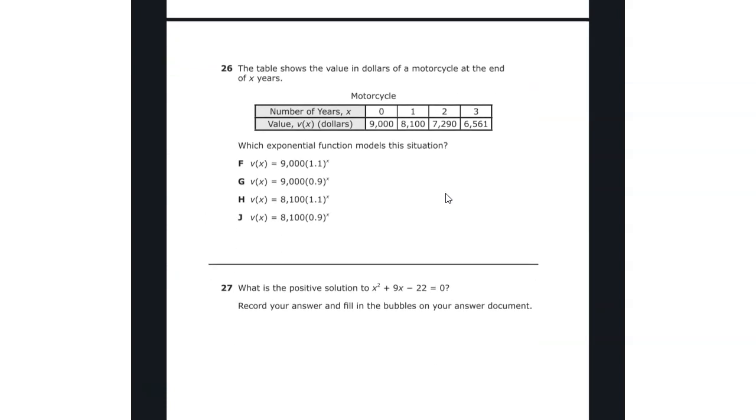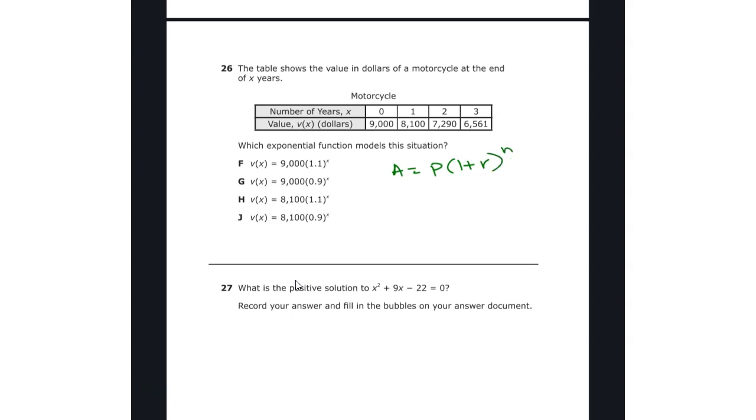So the table shows the value in dollars of a motorcycle at the end of x years. Here's the table. So what we see here is that the value of the motorcycle is decreasing as the years progress. So because the value of the motorcycle is reducing, our function typically looks like this: A equal to P times 1 plus r to the power of n.